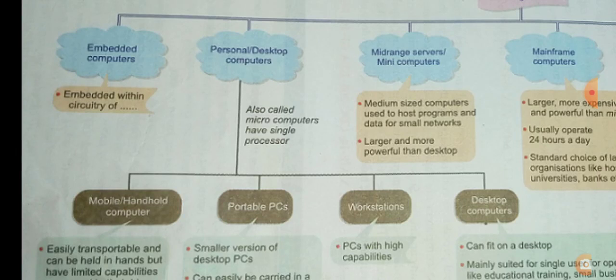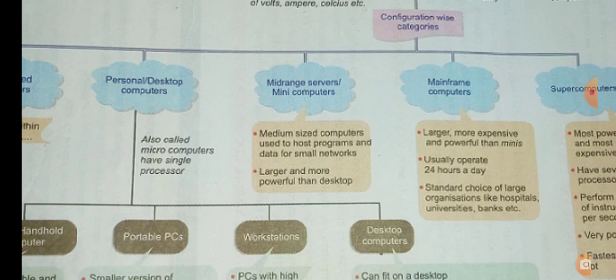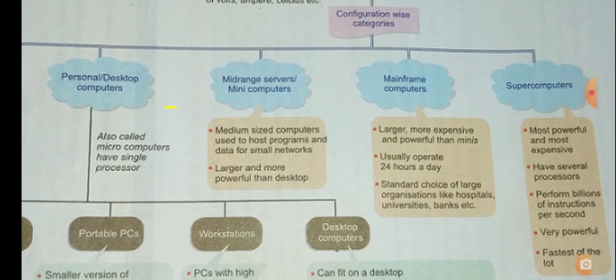Workstations have high capabilities compared to a normal PC, because they have more memory and more capabilities to execute instructions. Next is desktop computer. This is the most common type of personal computer, and they can fit on a desktop, so they are called desktop computers. Then minicomputer, mainframe computer, and supercomputer.